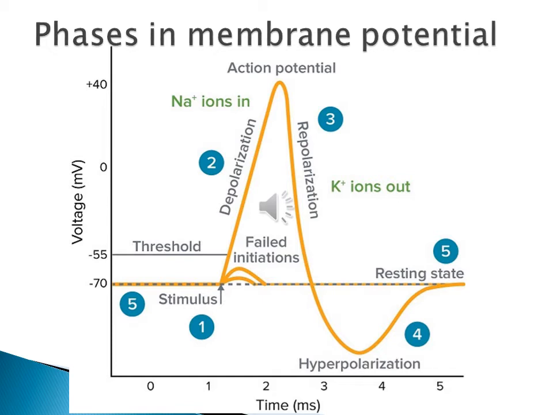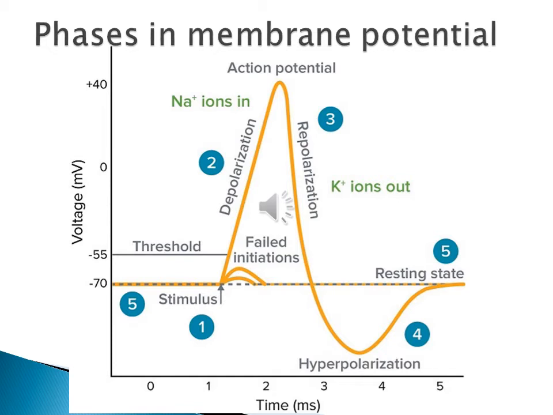So hyperpolarization occurs as the gates close slowly. Because they close slowly, we overshoot our target. The inside is more negative, closer to -100, and the probability of the impulse is reduced. We then work to return to the resting state. The sodium and potassium gates are closed, and we get our sodium-potassium pump restoring resting ionic conditions.